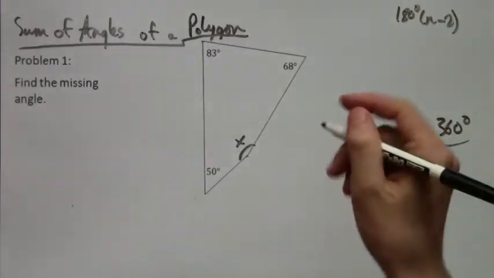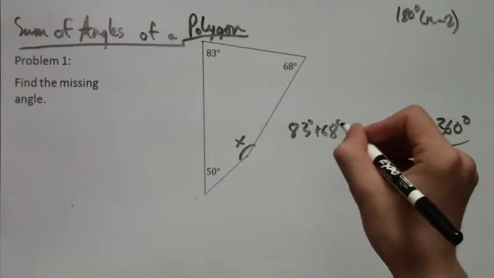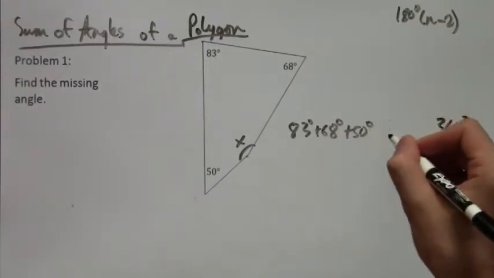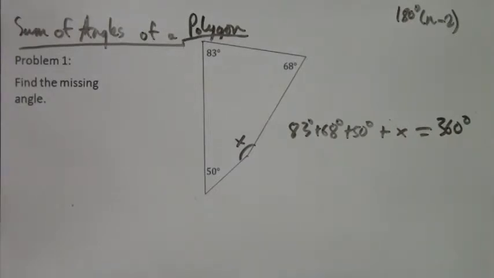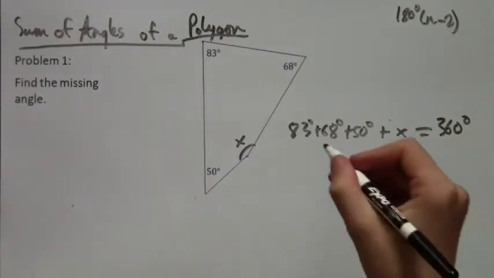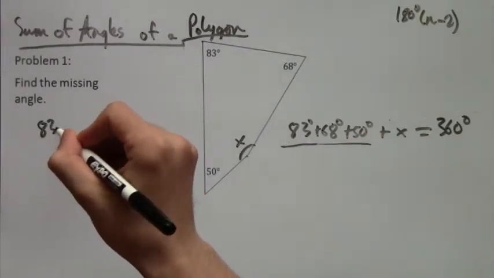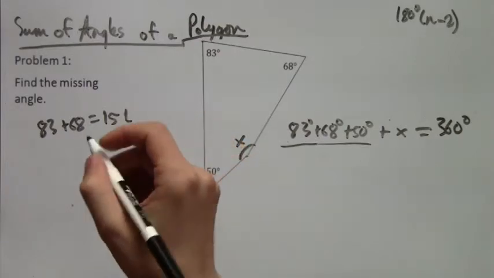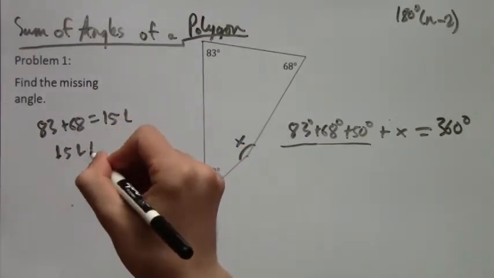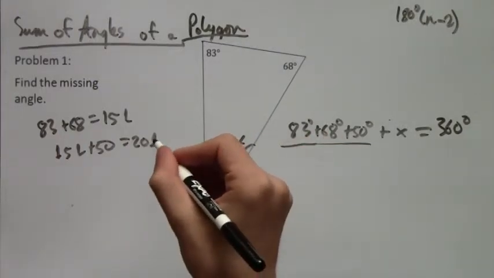We know that the sum of the angles is 360, so let's add them together. We have 83 degrees plus 68 degrees plus 50 degrees plus x is equal to 360. Then I'm just going to add these. 83 plus 68 is 151. And then we add on another 50, and we get 201.